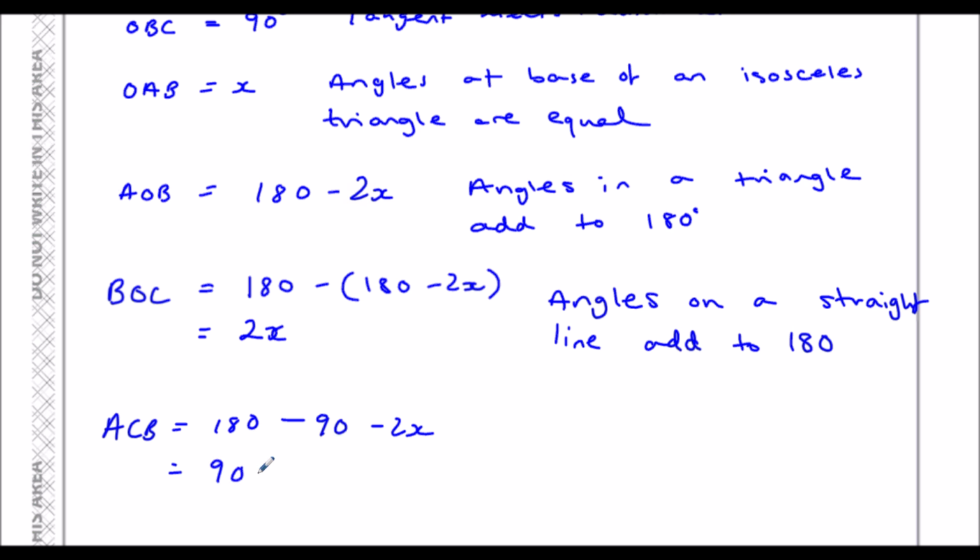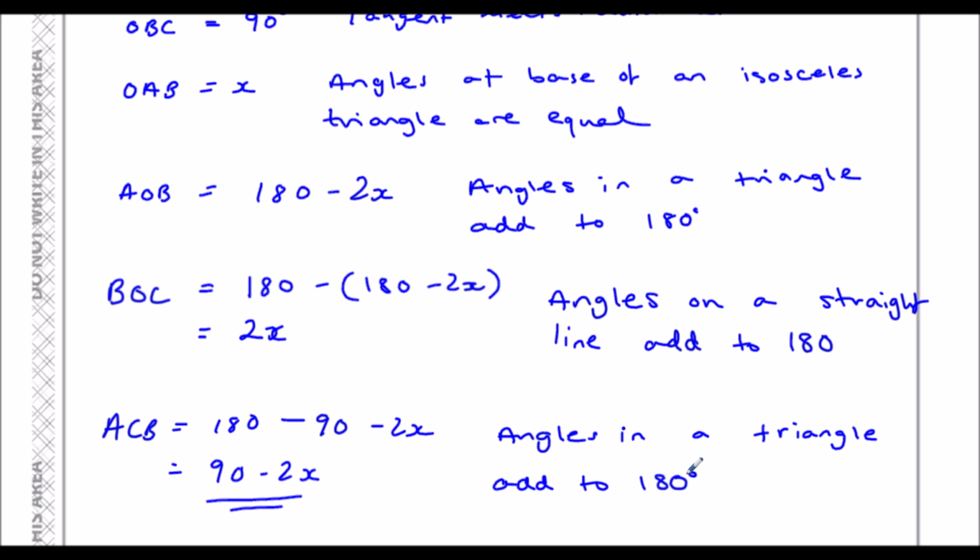So it's just 90 minus 2x. That's our answer. And angles in a triangle add to 180.